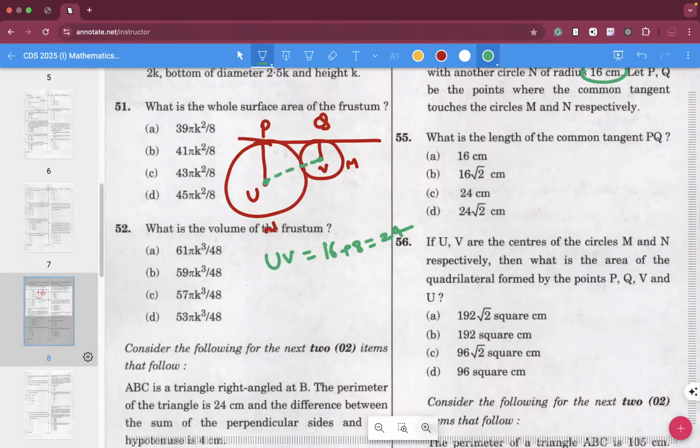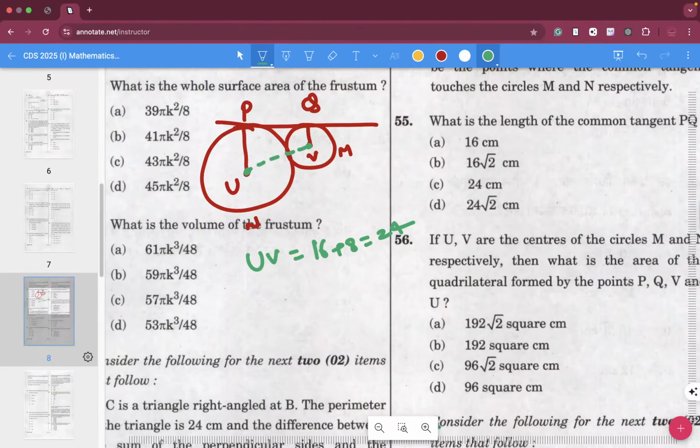Now let's do one thing. We will draw a line like this over here, and let's say PQR. Now let's look at this triangle over here. This is your V, this is your U. UV value is 24.